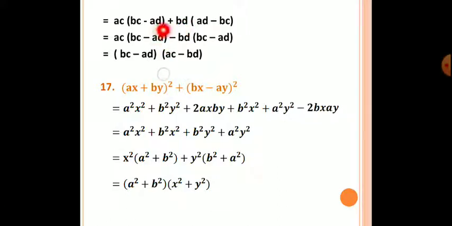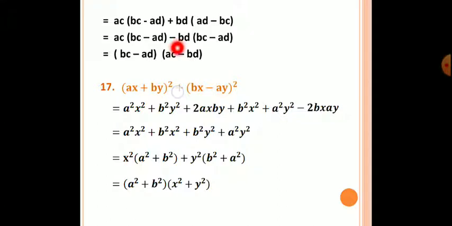Here, since the terms are not matching, what happened is this is ad minus bc, and here we have bc minus ad. So we have to change the sign. So what we did is we have taken a minus common out here.